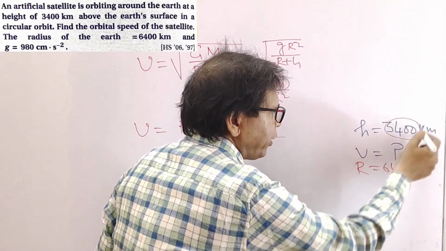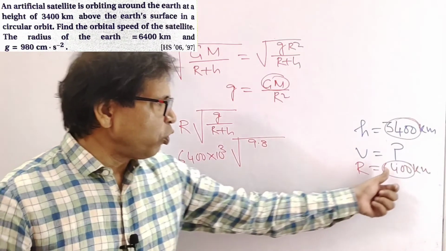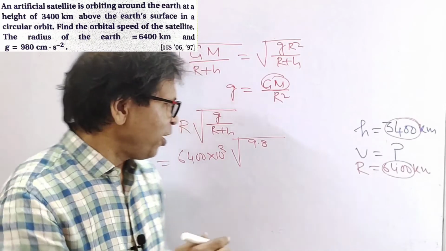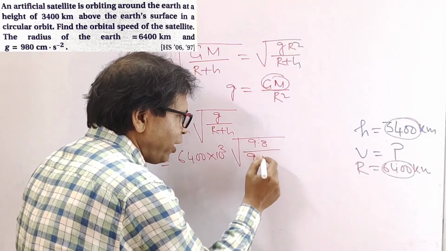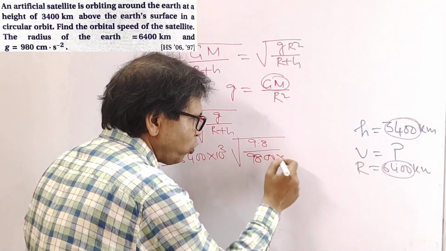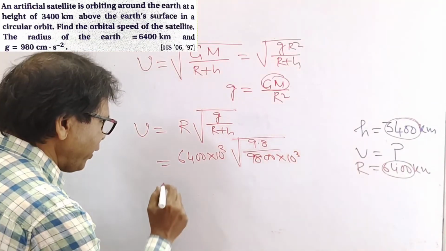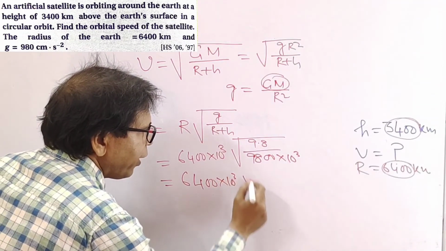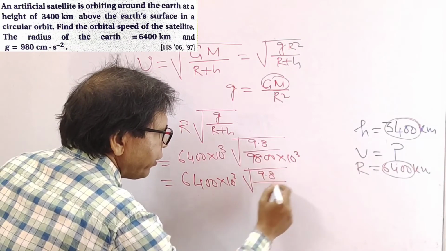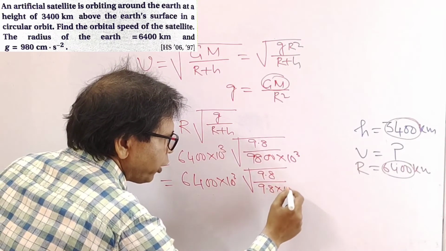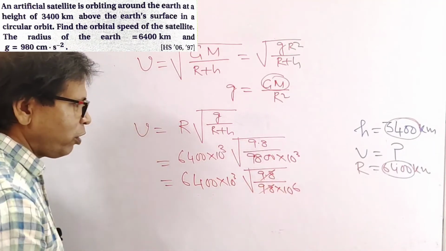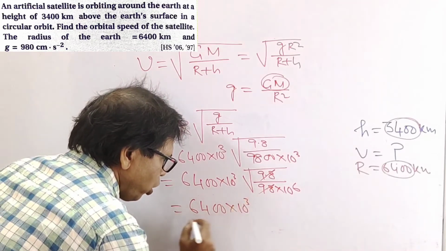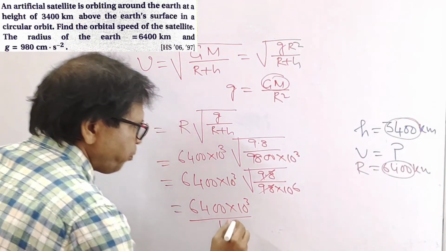Now R + h, that is this plus this, is equal to 9800 kilometer, which should be converted into meter, so 9800 × 10³. So this is 6400 × 10³, and this is 9.8, and this is 9.8 × 10⁶. This and this cancel out. So this is 6400 × 10³ divided by 10³.